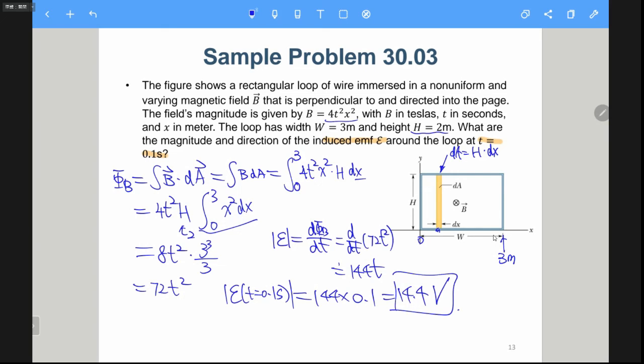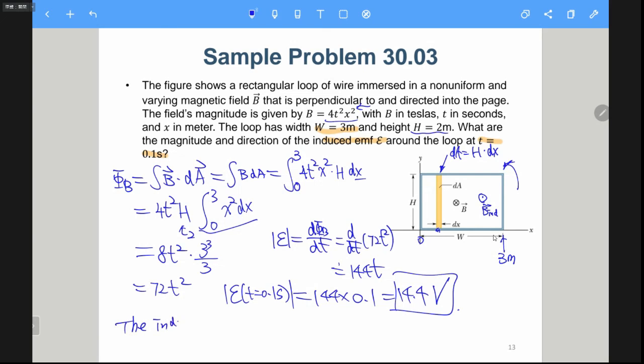And here, the direction of the magnetic field. We can see that x is positive, and if t is increasing, B should be increasing. So delta B is pointing into the page, and B induced should be pointing out of the page. In that case, using the right-hand rule, we can see the induced current should be counterclockwise.